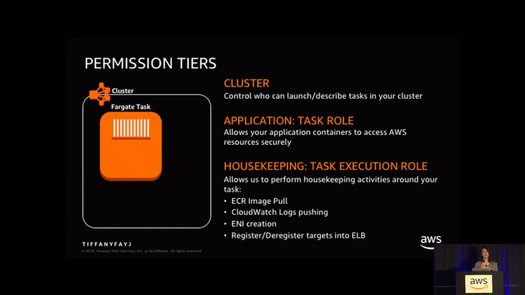Basically, it's things that you want ECS to do on your behalf. And for the task role, it would be things that your task needs specific access to, such as a specific database. So there's your cluster permissions, your task role, and your task execution role.